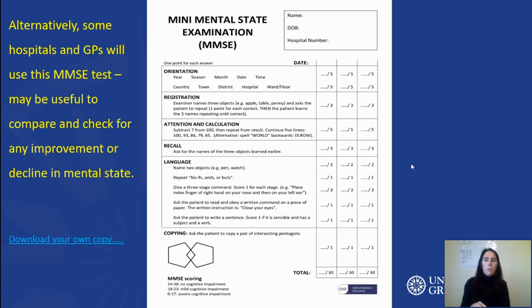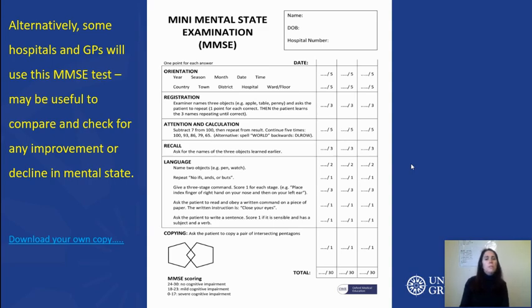Then at the bottom is copying. So it's quite complex. You need a little bit of time to do this. So we don't tend to do it out on the road, but by all means, if you want to test it, please do. If you want to do it on your relatives or whatever, you can do that too. It's normally used for diagnosing things like Alzheimer's and dementia.